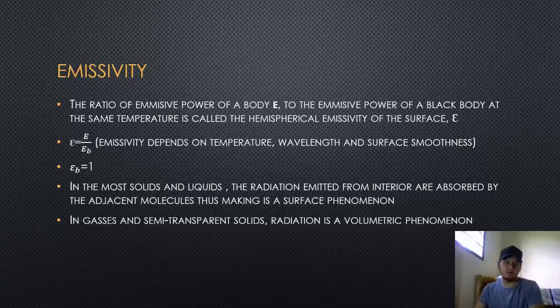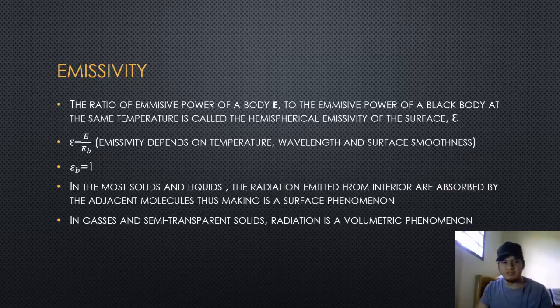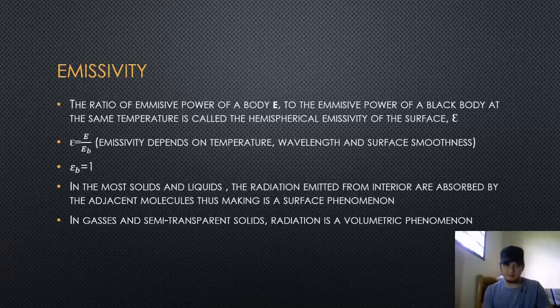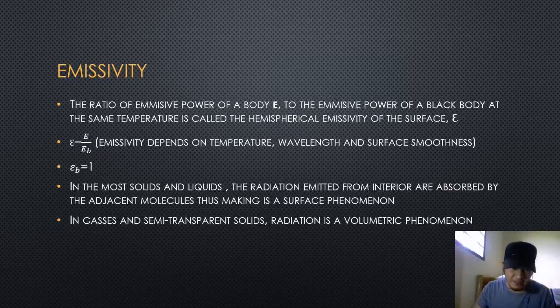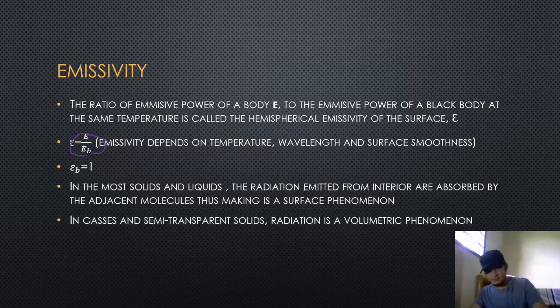Emissivity. We want to know more about emissivity. The ratio of the emissive power of a body E to the emissive power of a black body at the same temperature is called the hemispherical emissivity of the surface. Emissivity depends on temperature, wavelength, and surface smoothness.